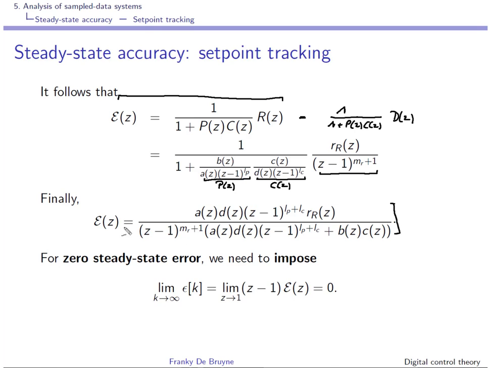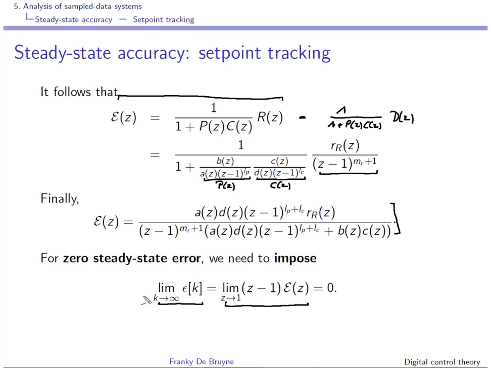Okay, and we were looking for, well, the steady state error, and we want a 0 steady state error. So we want that this quantity over here, the error, this is the set point minus what is controlled, to go to 0 when k tends to infinity, right? And this can be obtained from this relation by looking at the final value theorem.